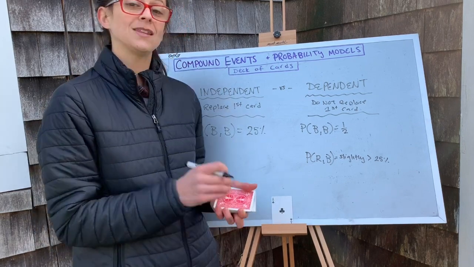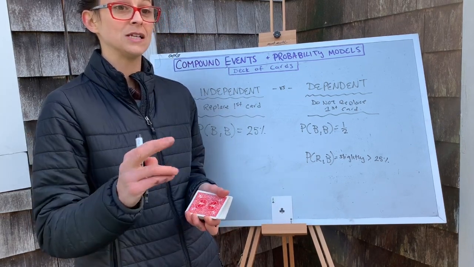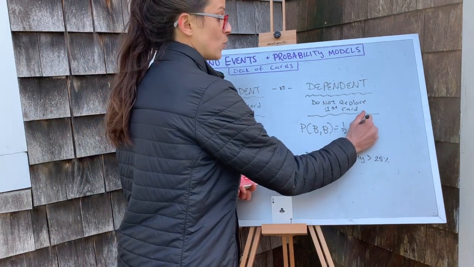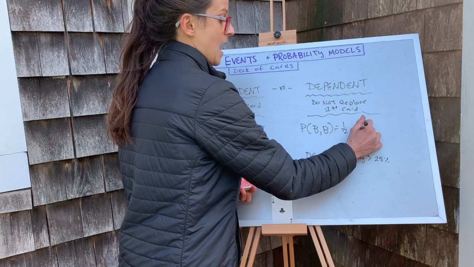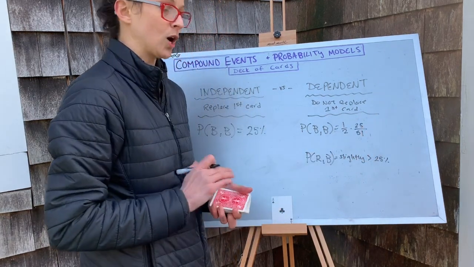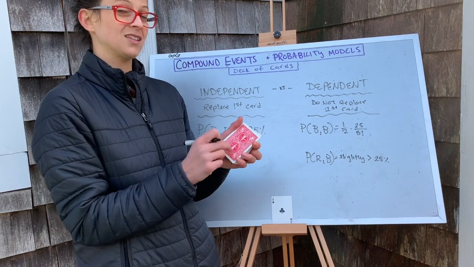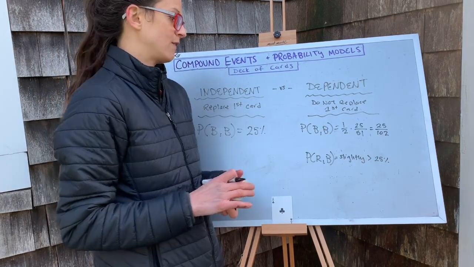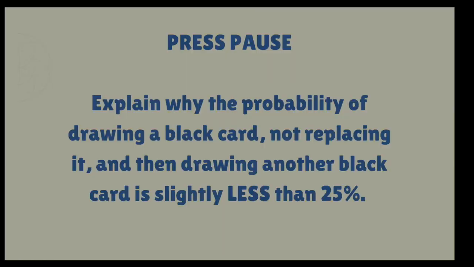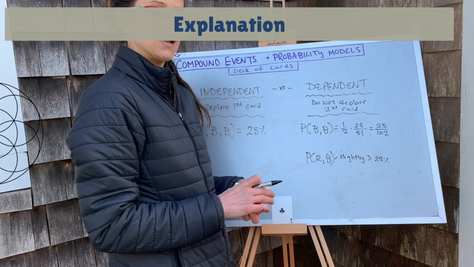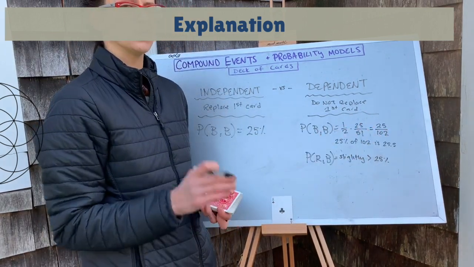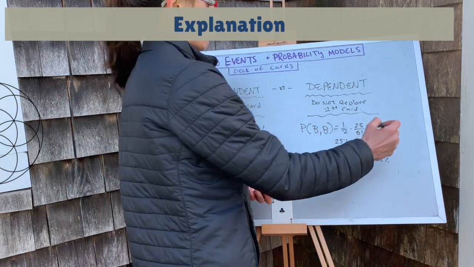Now, the likelihood that the next card I draw is black has decreased in both the number of black cards and the size of the deck. So now there are 25 black cards in the deck and there are 51 total cards in the deck. So the likelihood that the next card I draw is black is slightly less than 25%. 25% of 102 is 25.5. So 25 out of 102 is slightly less than 25%.